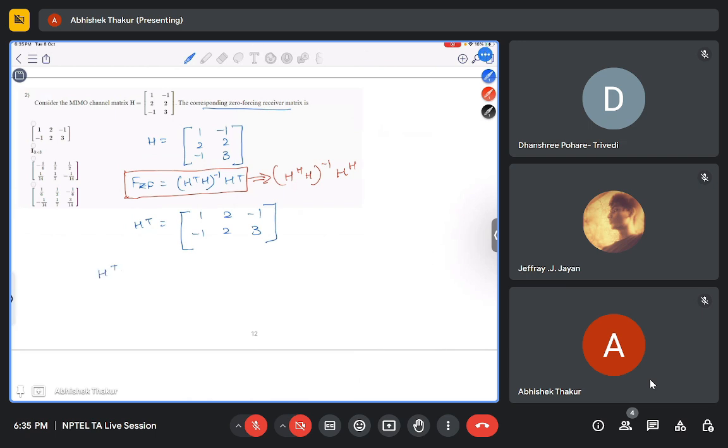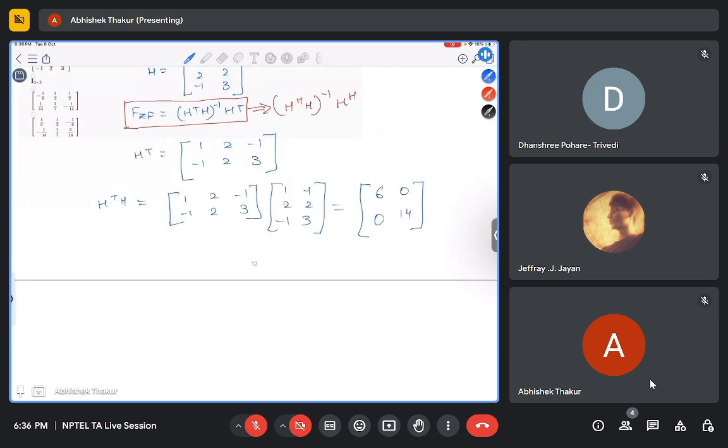So now our H transpose into H is given as 6, minus 1 and then plus 4, that will be 3, minus 3 is 0, again minus 1 plus 4 minus 3 is 0, 1 plus 4 is 5 plus 9 is 14.